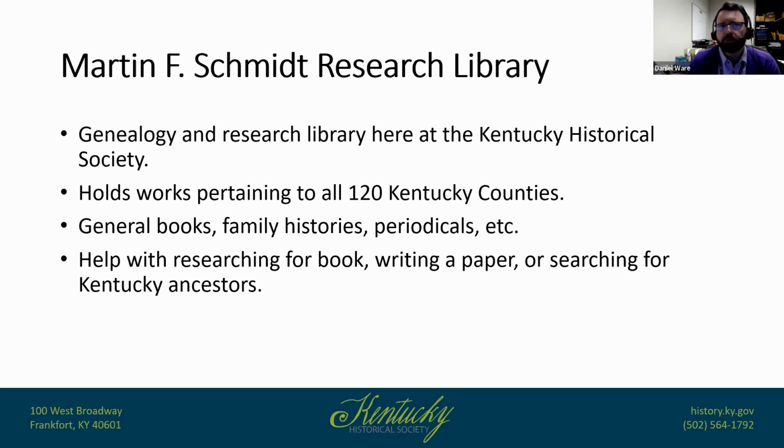Along with periodicals, we do have national level periodicals, such as ones that relate to the Daughters of the American Revolution. And we've also got periodicals that are specific to states, and we do have those in their own special state section.